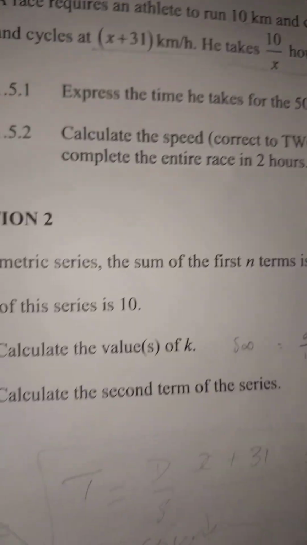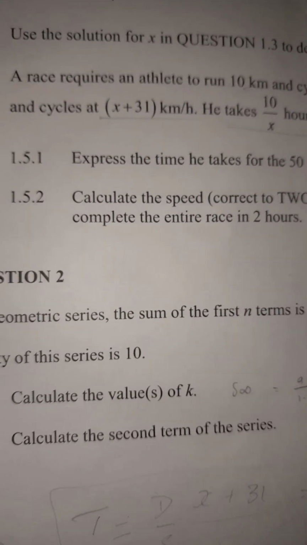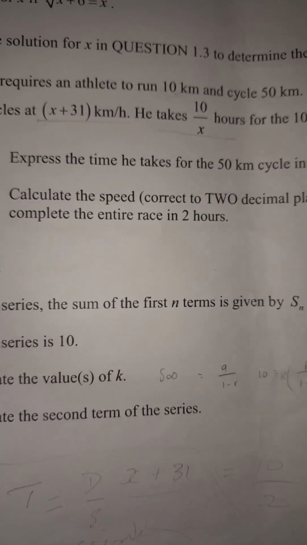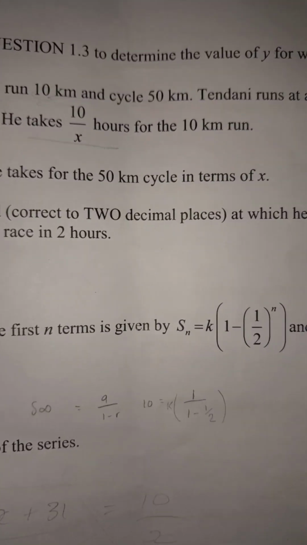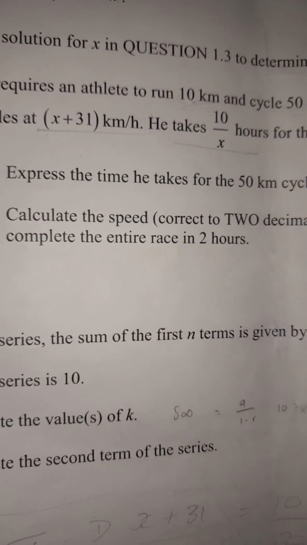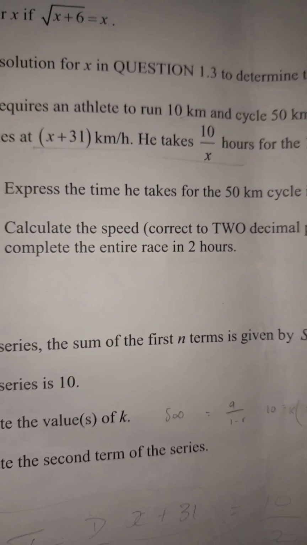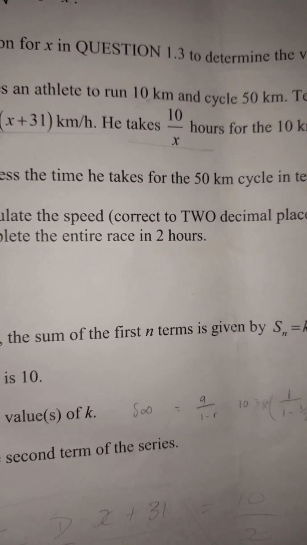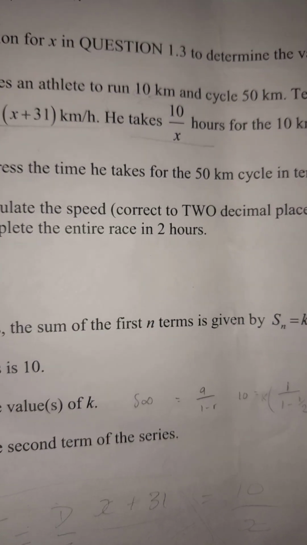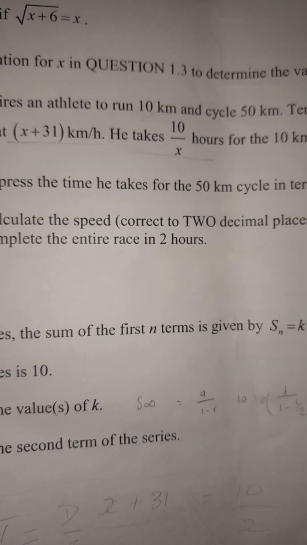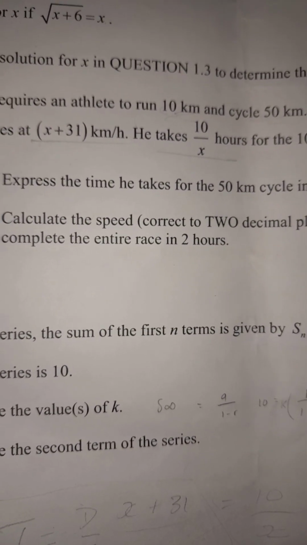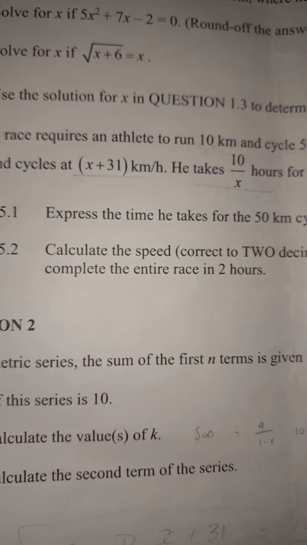Then let's go to 1.5.2. Calculate the speed, correct to 2 decimal places, at which he must run to complete the entire race in 2 hours. We are calculating the speed, right? To make life easier, we need to use the information that we have.